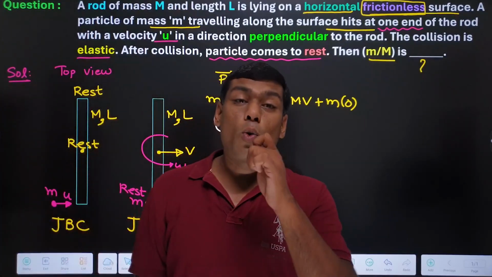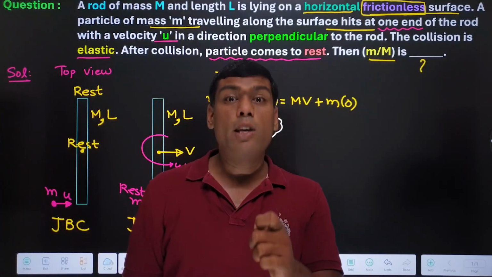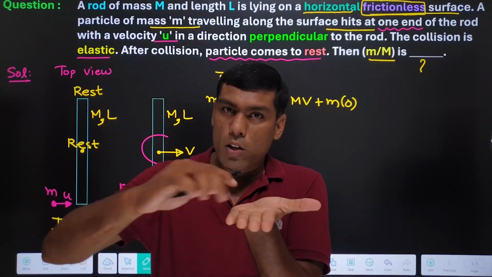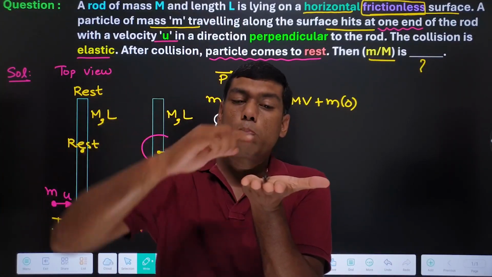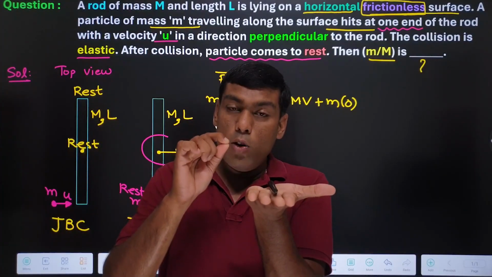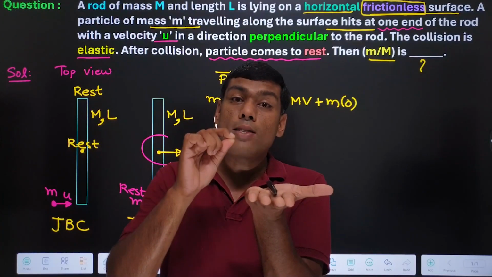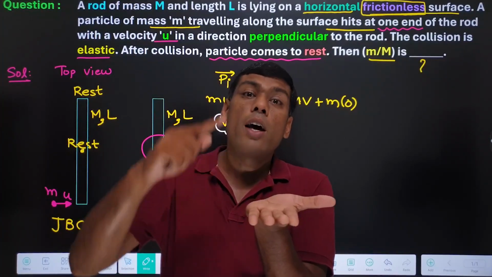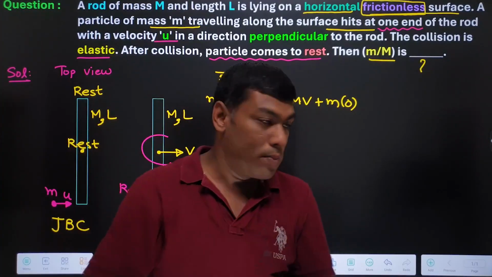Now we are going to conserve the angular momentum also. Think logically: if this is the surface of the table and the rod is placed here, the point for angular momentum conservation we consider is just below the center of mass of the rod, lying on the table.